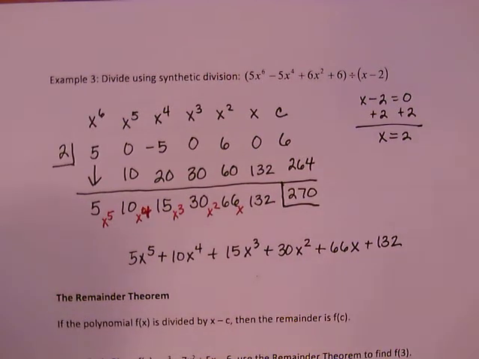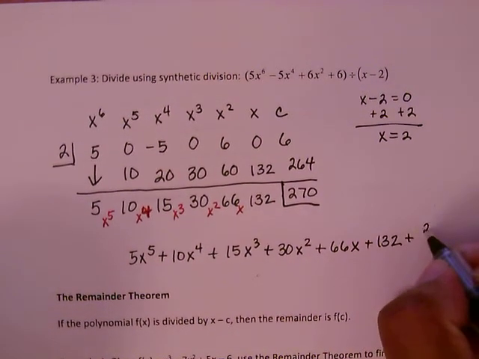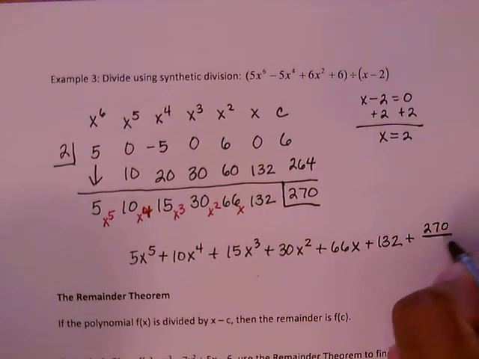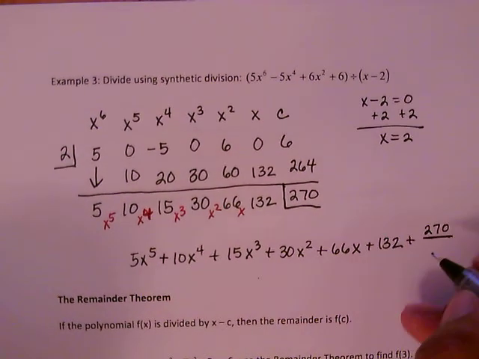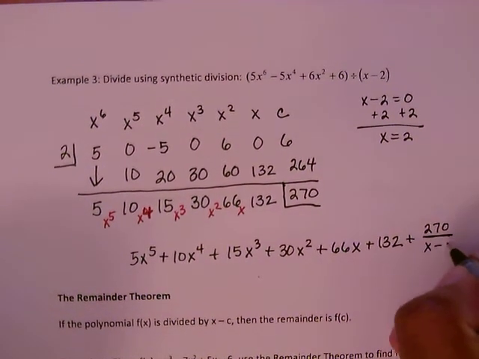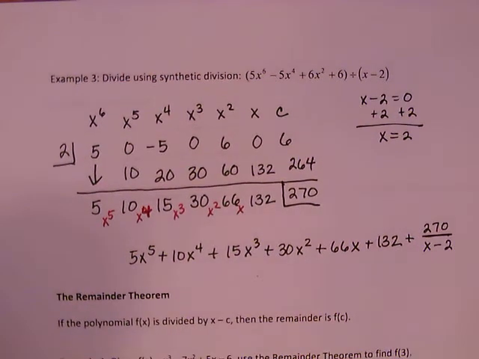And then the remainder of 270 will be over your divisor of x minus 2. Okay. So that's how we do synthetic division to divide polynomials only of the form x minus some constant.